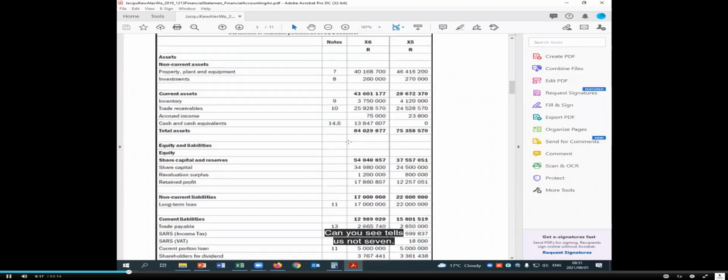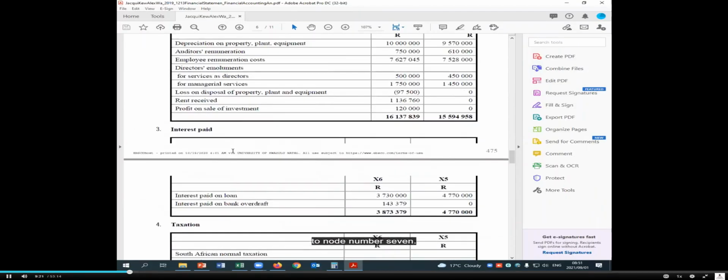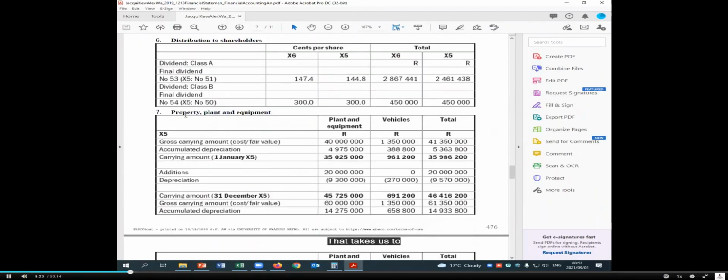Can you see it tells us note number 7? So we're going to go down to note number 7, that takes us to our property, plant, and equipment reconciliation note. Right.